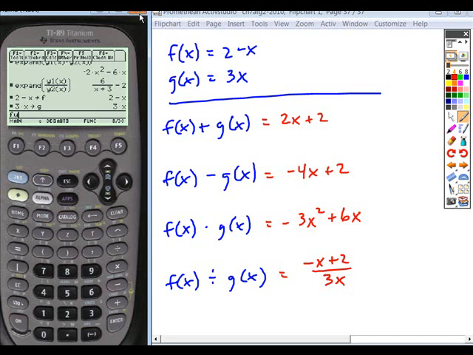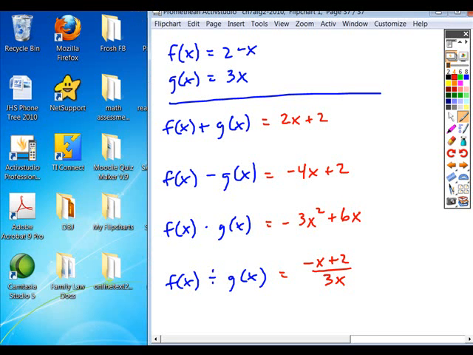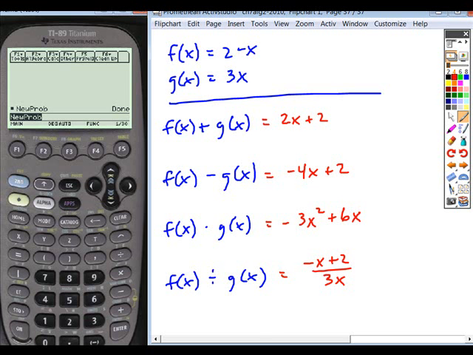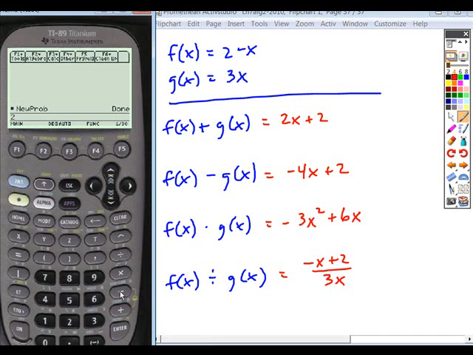All right, let me reset this. All right, so you can take your first expression, store it as one variable, take your second function, store that as your second variable, in this case g.